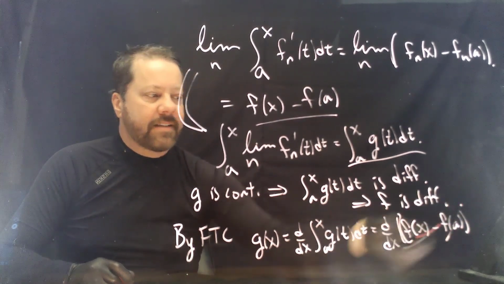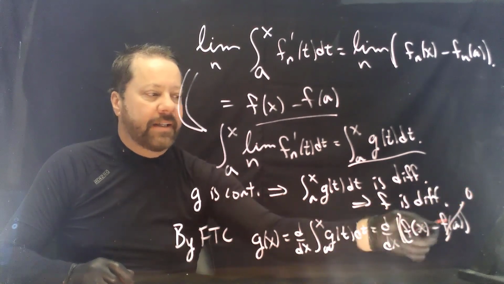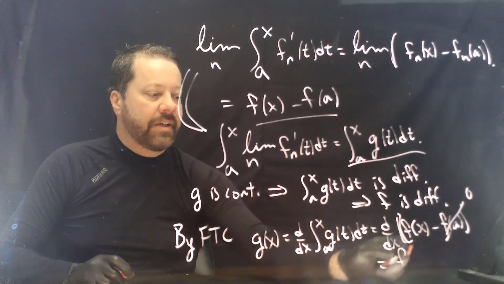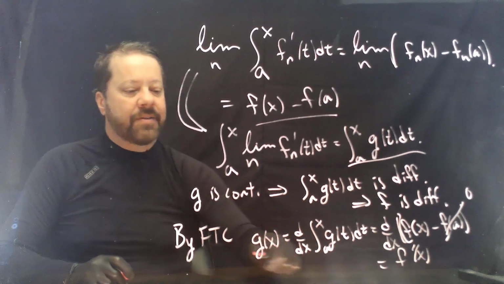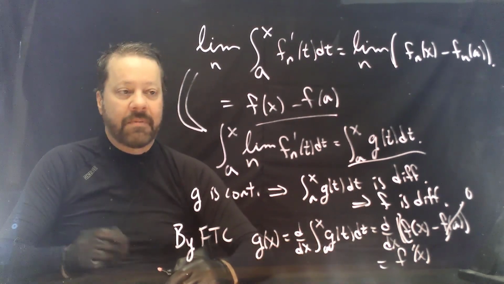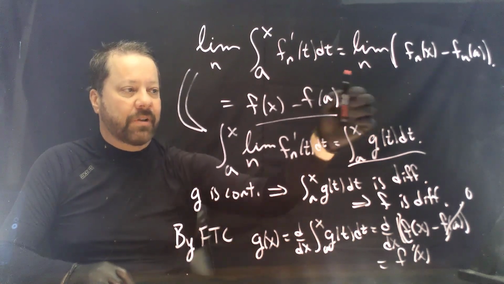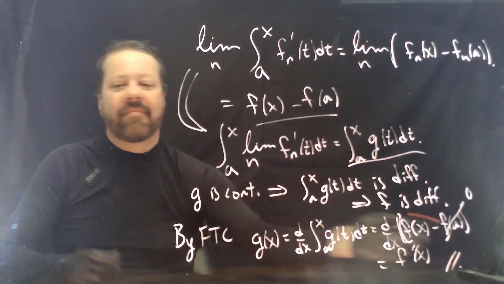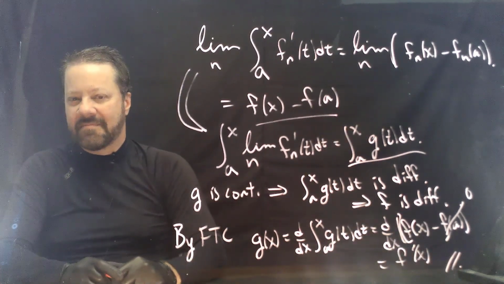On the right-hand side, the derivative of the second term is 0 because it's constant, and so you get f prime of x. So g of x is, in fact, f prime of x, and that is the thing that the fn primes will converge to then. And that's the end of the theorem.